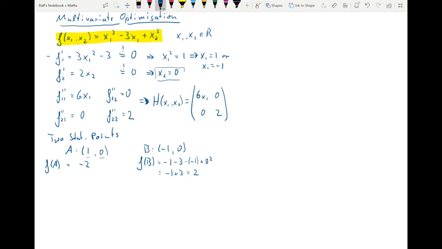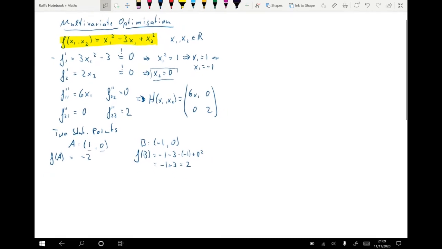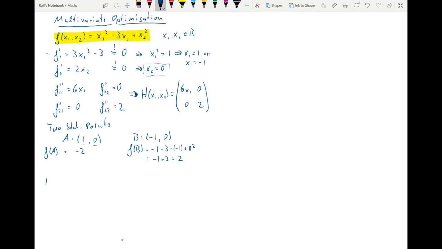To do that, we're plugging our coordinates into the Hessian. So H at point A, meaning at coordinates (1, 0). H is a function here. So 6 times 1 is 6.